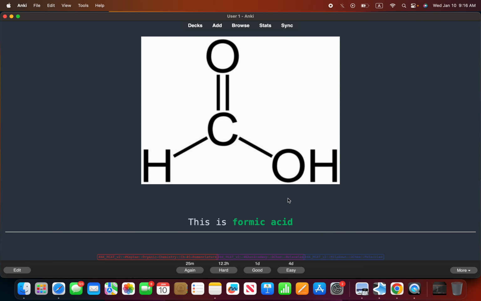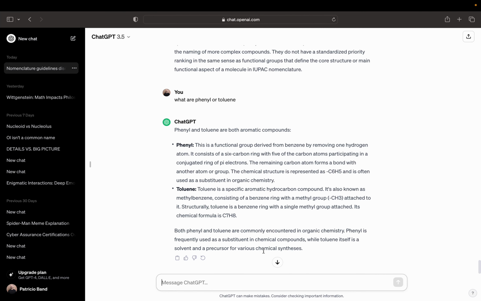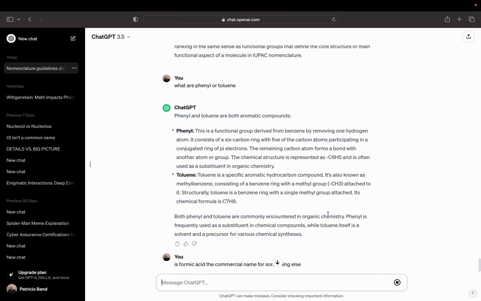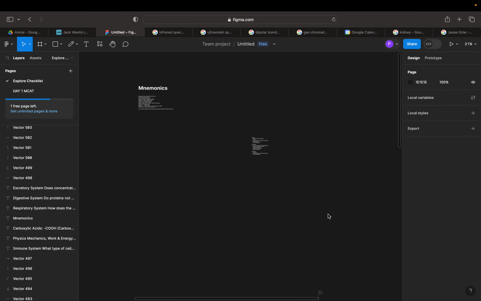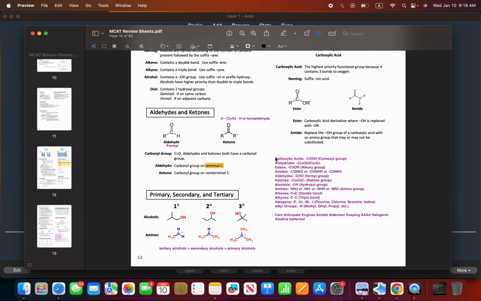So we're talking about the names, the commercial names, right? Is formic acid the commercial name for something else, like methanoic acid?